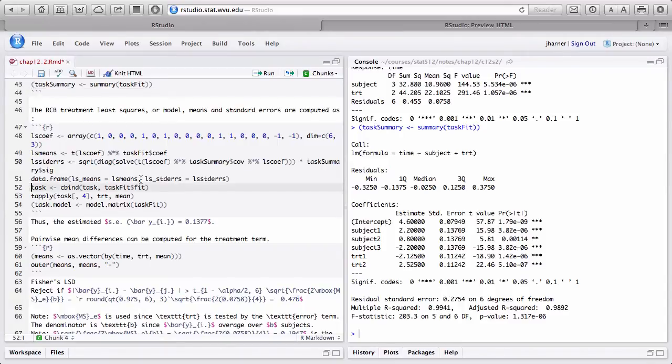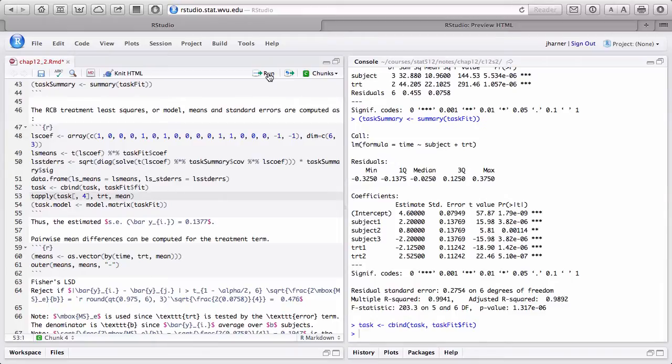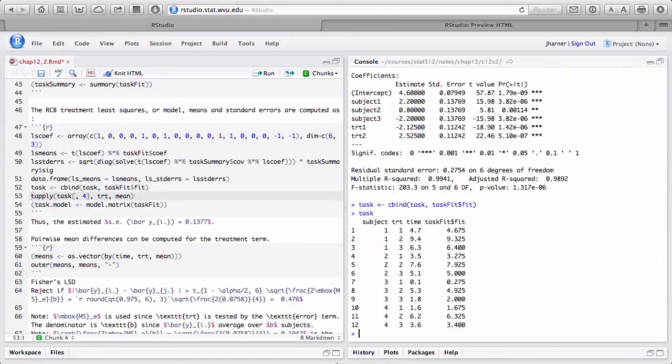If you look at task for a moment, I'm going to combine task with the fitted values. So let's take task and let me execute that, and let's print out task. And so what does this do?